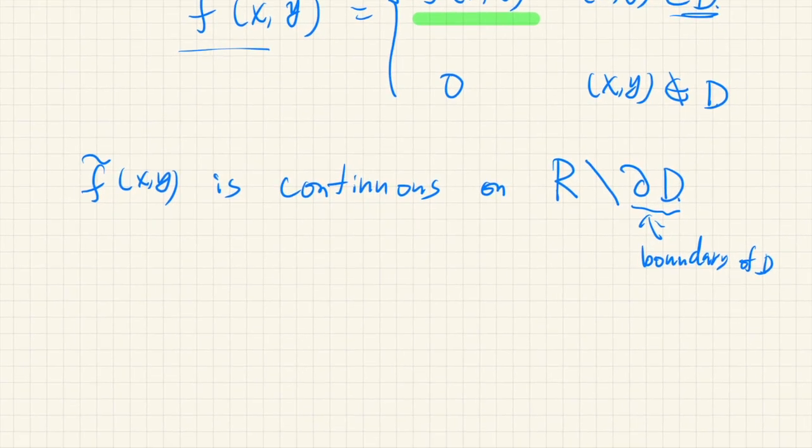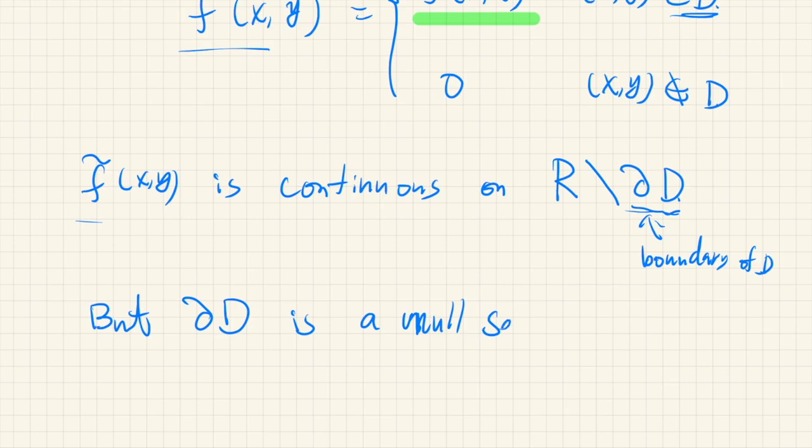So this function is continuous everywhere on R except for the boundary of D. It may be continuous sometimes, but not necessarily always. But the boundary, let's call it ∂D, is a null set.